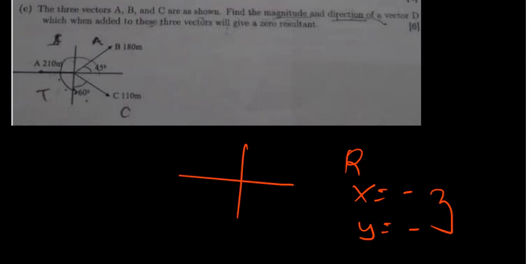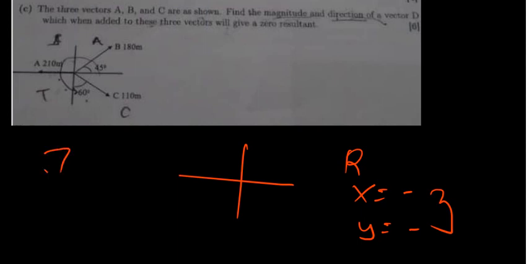Did you join now, or were you there when I was explaining? No, I've been there, I've listened, but maybe I didn't understand the question. We said if the x component is negative and the y component is negative, the angle is going to be in which quadrant? Third quadrant.